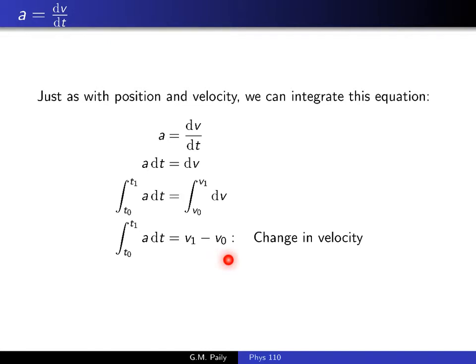This is the change in velocity, and this side can be interpreted as the area under the curve in an acceleration versus time graph. Once again, the area under the curve in an acceleration versus time graph gives us the change in velocity.